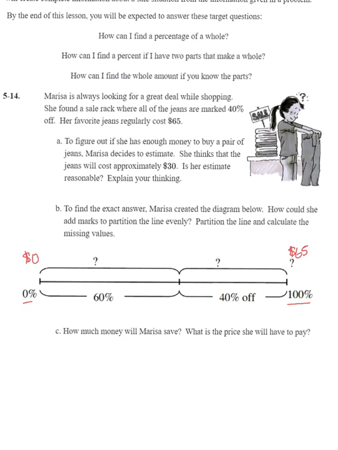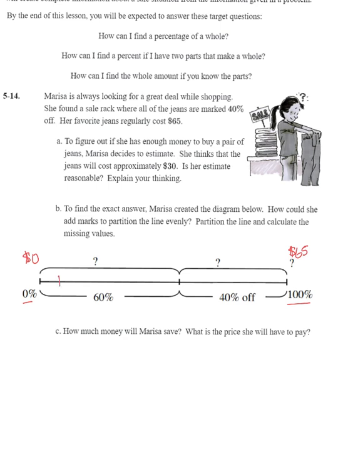Now, most of the time, it's going to be useful to partition a line like this into 10 pieces, which means that each piece would be 10%. That's usually a pretty easy one to do, just because the numbers come out easily and evenly. So what we're going to do is break this into 10% segments.